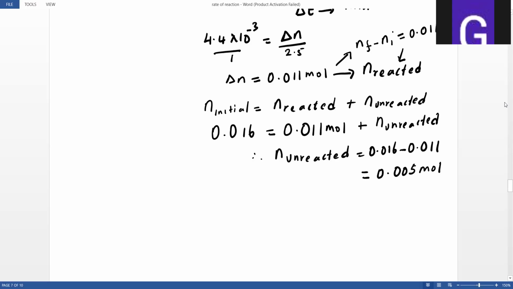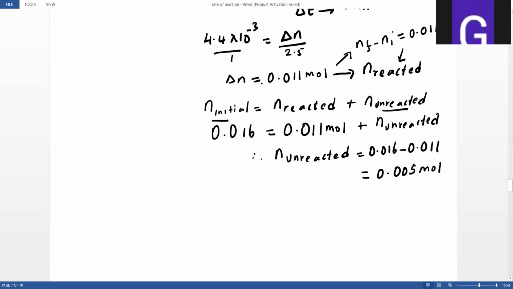I believe you guys are following, because this is the change. It means we take the final number of mole minus the initial. So the unreacted minus the initial will be a negative value.